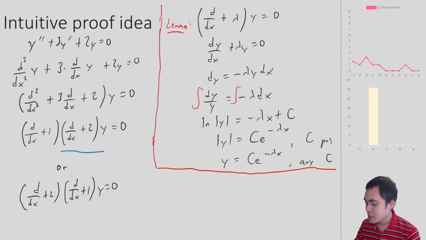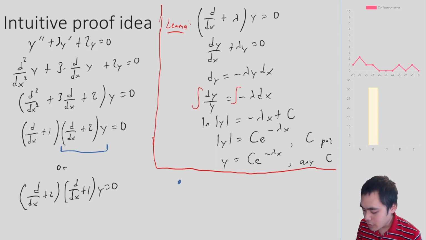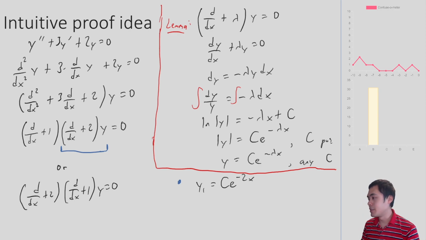If we get just this piece equal to 0, then the entire thing would be equal to 0, because you're multiplying some operator by 0, and so you get 0. So when we do that, you can substitute that in. There, lambda is just equal to 2, right? So therefore, you know that y1 is equal to c e to the minus 2x for some constant c.